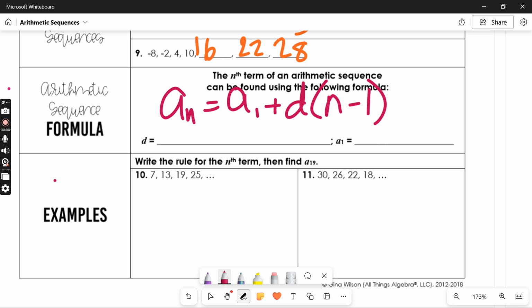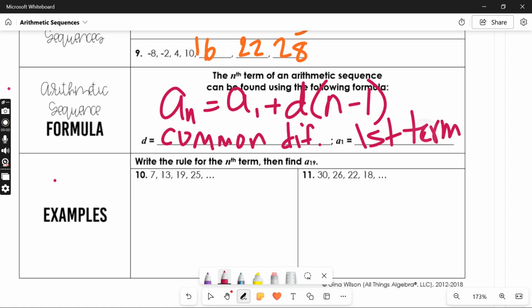In here, d is our common difference, our pattern, and a sub 1 is our first term. Those are the 2 things that we need: our first term and our common difference.